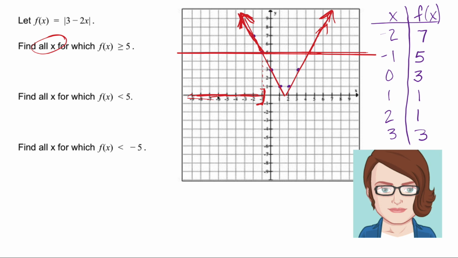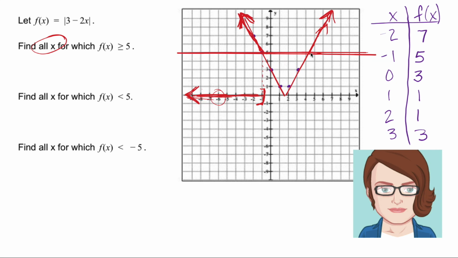So for example, we don't see what the output is for -6 on this graph. It's off the graph. But let's just try -6. -2 times -6 is positive 12. 3 plus 12 is 15. Absolute value of 15 is 15. It's definitely greater than 5. So all of these values, this is just one example, would have an output of greater than 5.